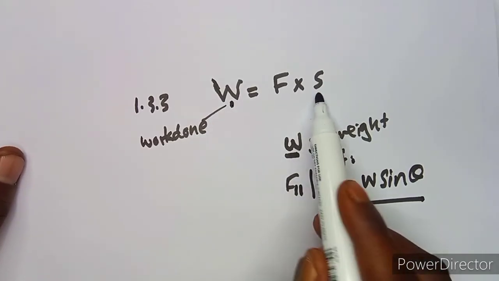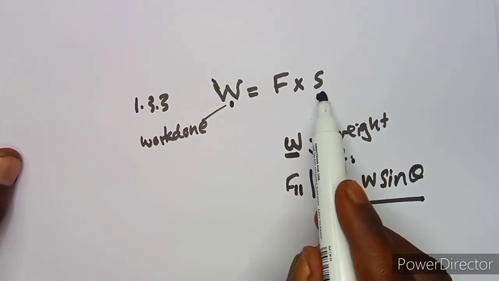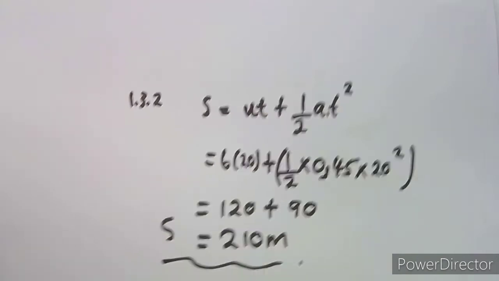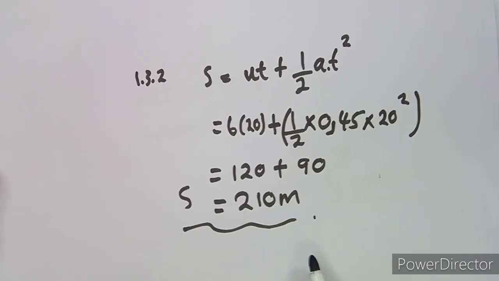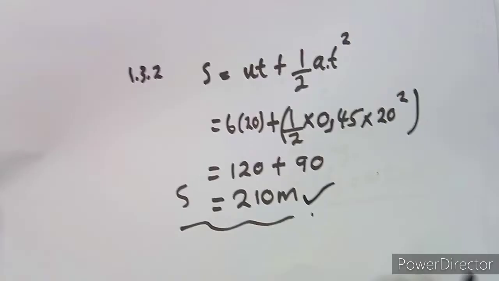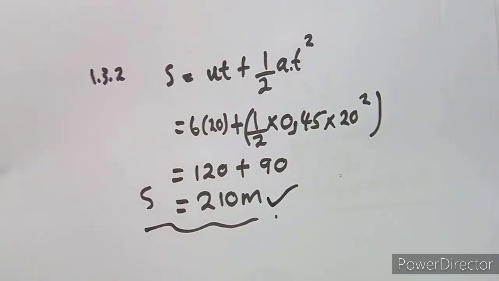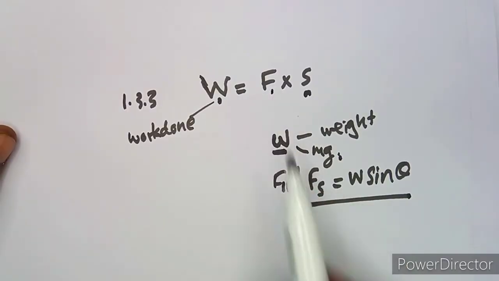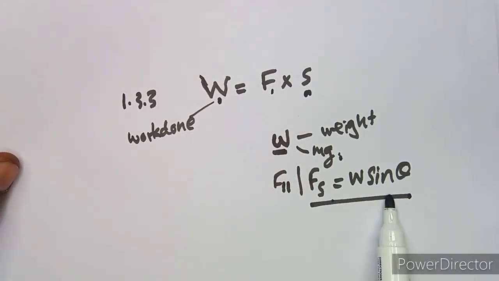The distance now is the one that was moved by the object, which is the one that we had here of 210 meters. Remember, it moved 210 meters up the incline. Like I said, this is the force which is from the parallel component.